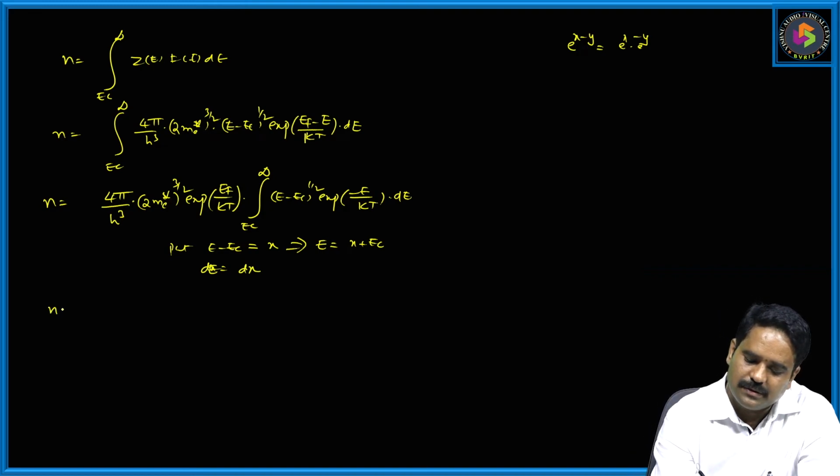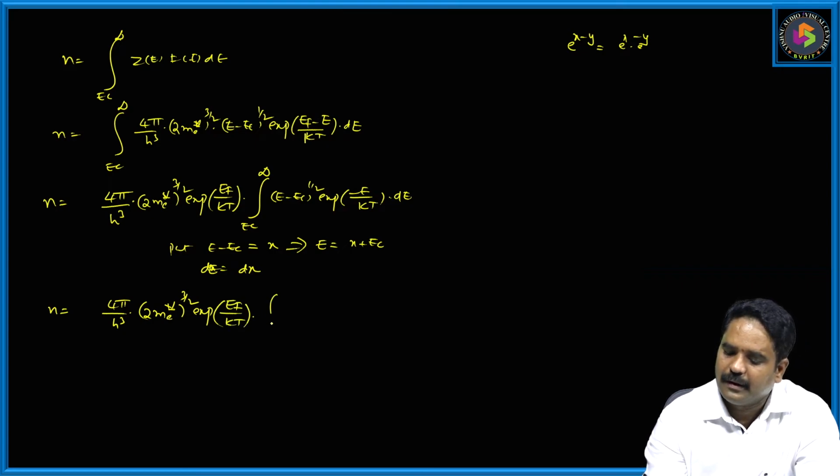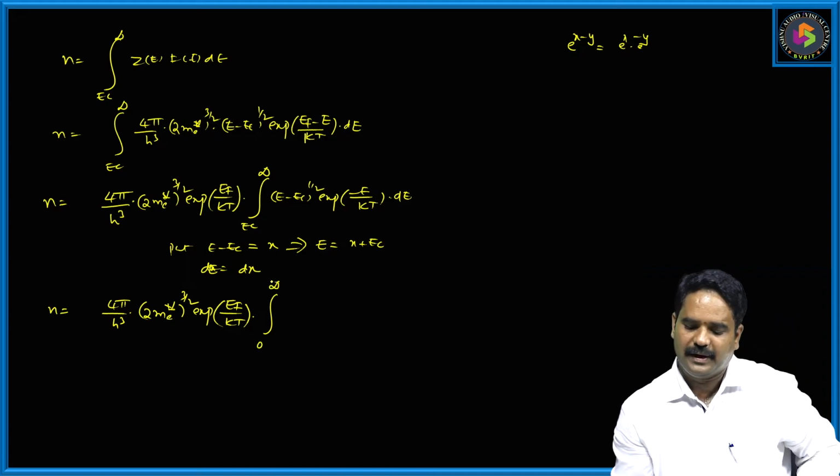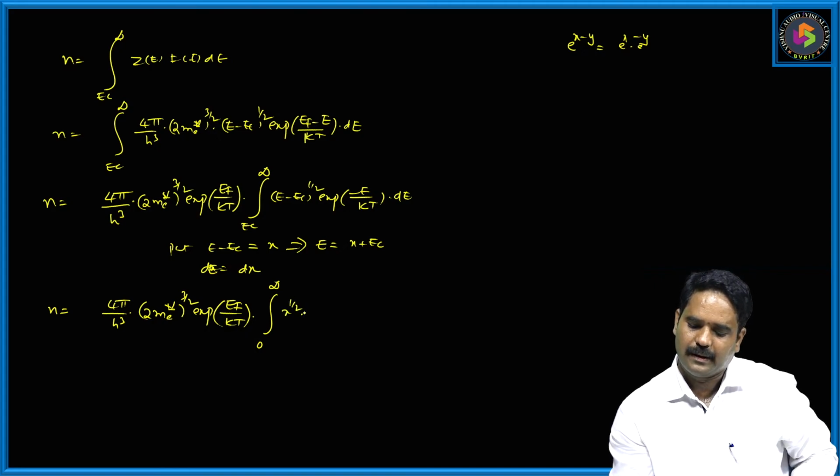Then n equals 4π by h cubed (2 me star) to the power of 3/2 exponential of Ef by kT, the lower limit 0 and the upper limit infinity, x to the power of 1/2.